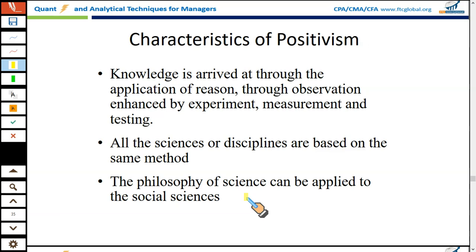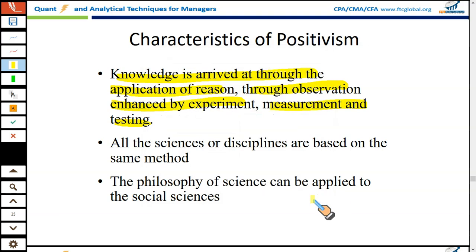Continuing with the characteristics of positivism, knowledge is arrived at through the application of reason, through observation, enhanced by experiment and measurement and testing. What does it mean? It's simply refining upon the ideas we previously learned.